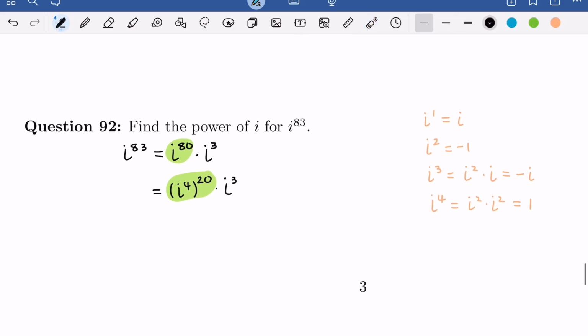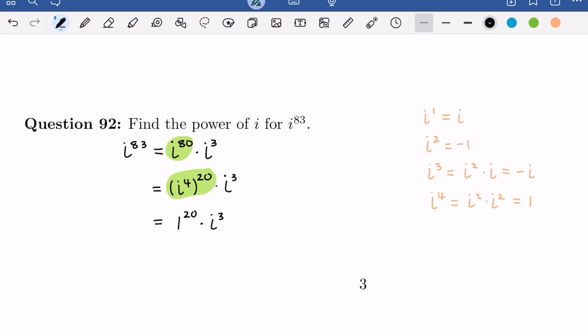So i to the 4th power is just 1, so we end up with 1 to the 20th power times i cubed. Now 1 to the 20th power is just 1, and we know that i cubed is minus i. So we just have 1 times minus i. So our final answer fully simplifies to minus i.